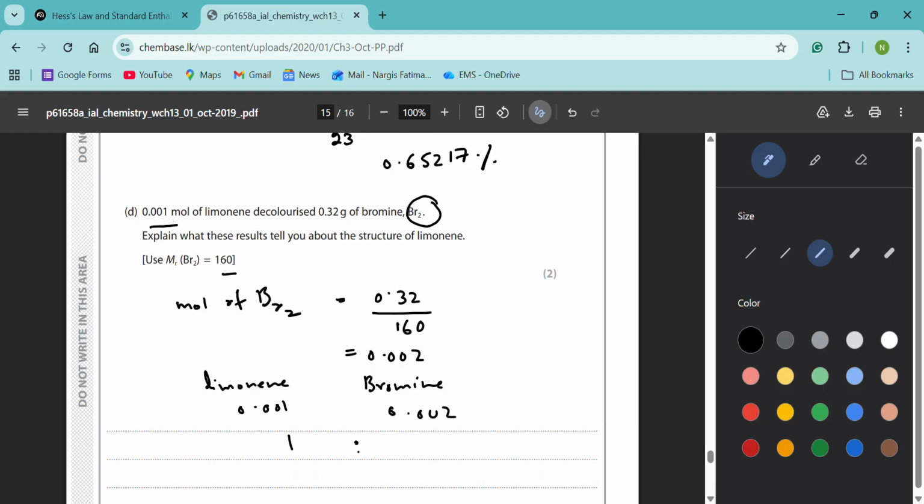So you can see here the ratio is 1:2. So it shows that there are two alkene carbon-carbon double bonds per molecule of limonene.